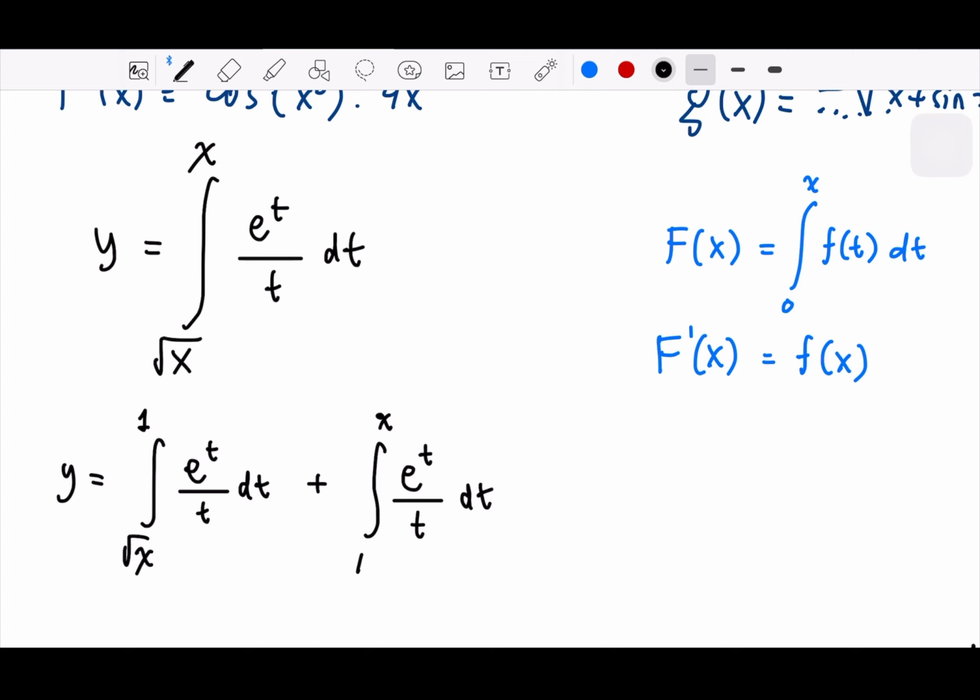But the left one, again, we need to switch to make it a constant and a variable, to make our fundamental theorem match the default structure.